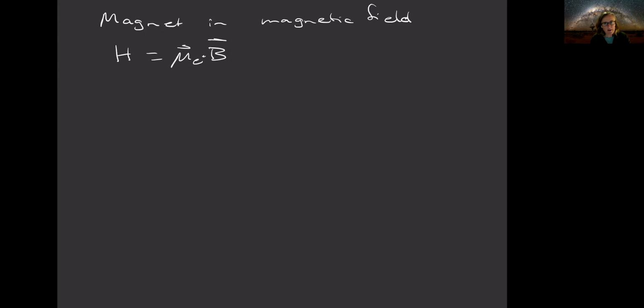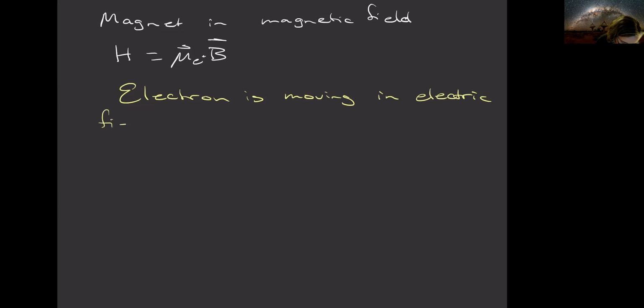So from there, let's consider, taking aside for a moment its own magnetic moment, that the electron is moving in an electric field, which of course, this electron moving inside an atom orbiting around the nucleus is feeling the electric potential of that nucleus. So it is moving in an electric field, and that means that it sees a magnetic field.